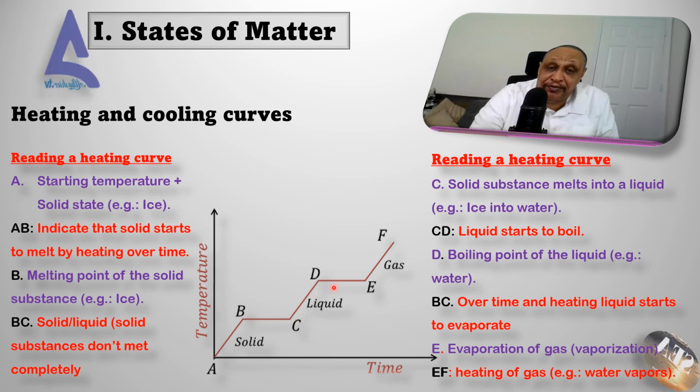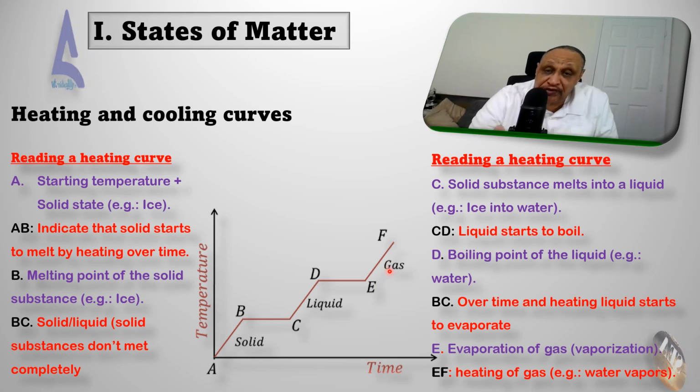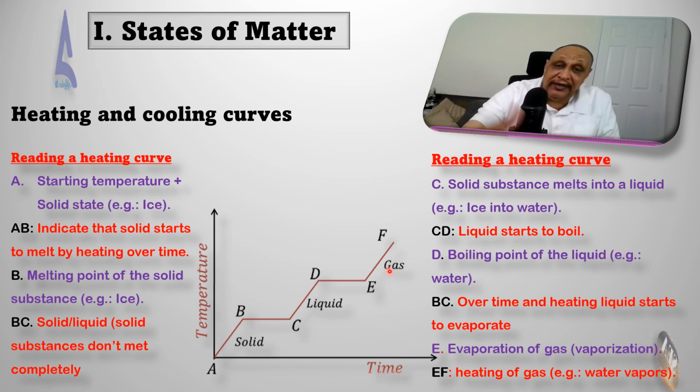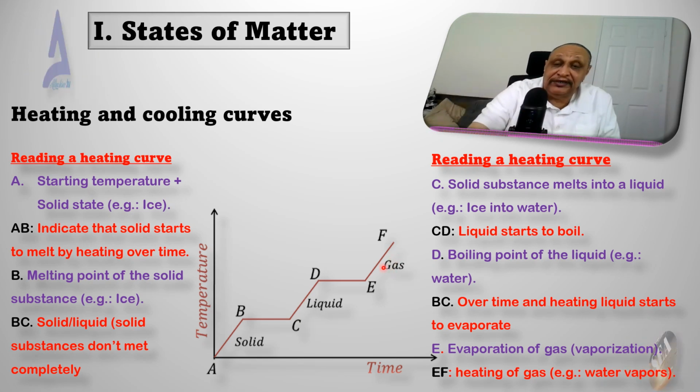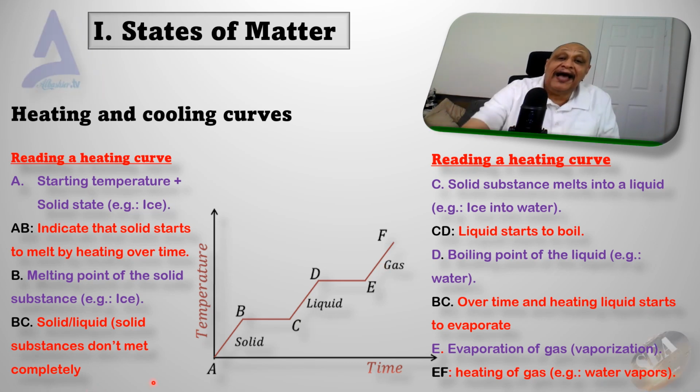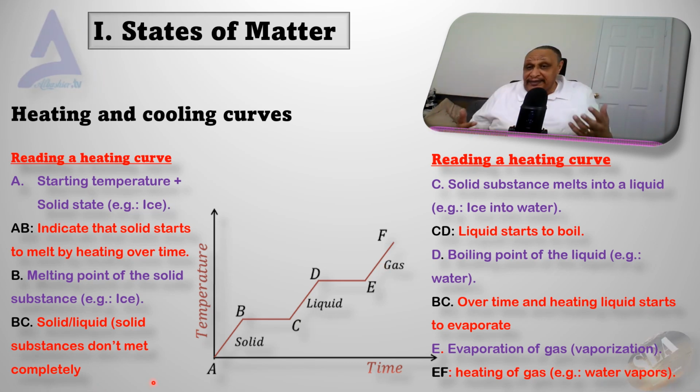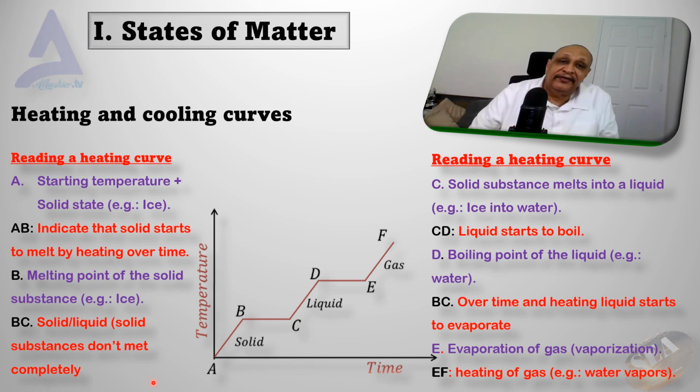Then it starts to boil, and we have liquid and gas in the second plateau, and then we have full gas. When you heat the gas, it's not going to turn into anything else, but it's going to expand. This is what is happening and how we are going to read it. Let us go forward.